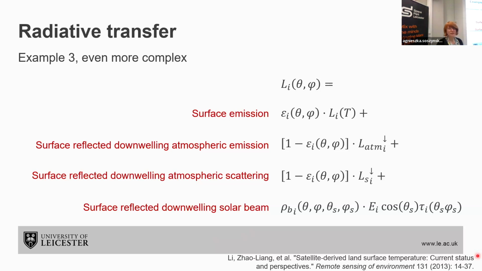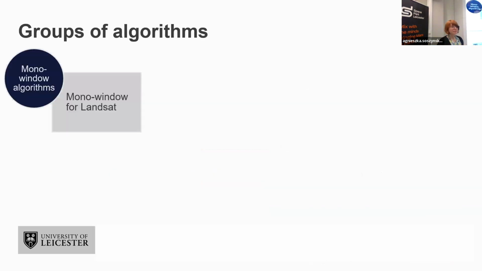Now that we know that, we can go into the groups of algorithms for retrieving LST. The first group are the mono-window algorithms. These have been used heavily in the very beginning when we didn't have much data. We have, for instance, for some Landsat sensors, only one thermal band. That basically means we only have one measurement for all these unknowns.